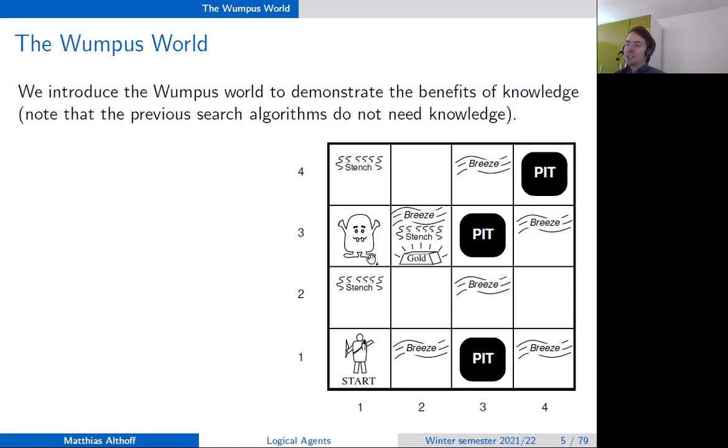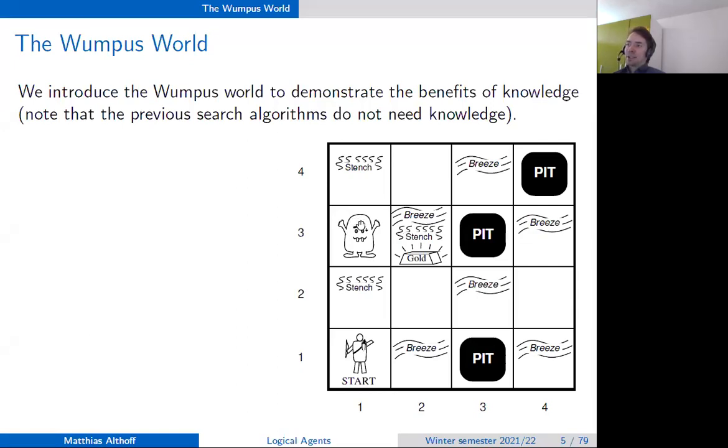And even though you might be very nice to him, if you enter his room, he will just eat you. So you have to be really careful. And he's already awaiting you happily, putting his arms into the air. And also, because he has no bathroom, he smells quite a bit. So if you enter a room that has a stench and you smell something, then you know in the neighboring room is the Wumpus.